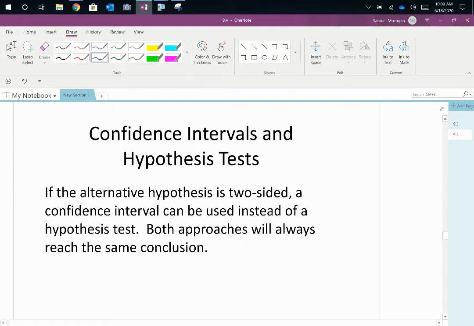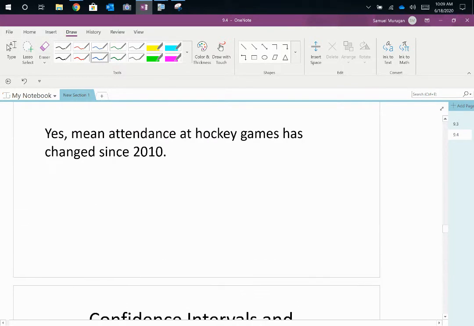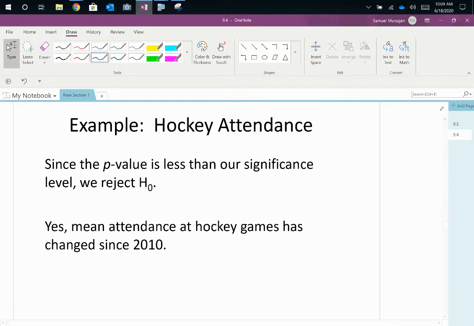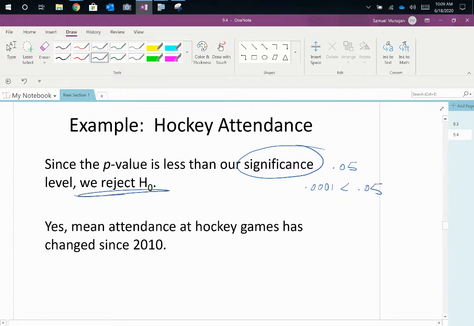Now, draw your conclusions. Since the p-value is less than the significance level of 0.05, right, 0.001 is less than 0.05, we have to reject the null hypothesis. Yes, the mean of the attendance at hockey games has changed since 2010.